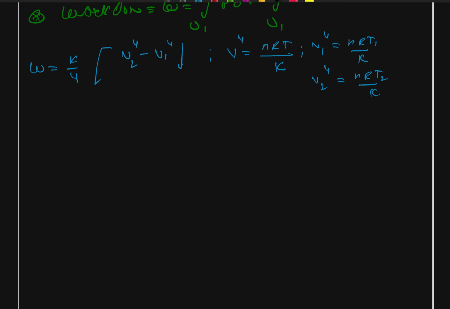So we substitute it, and we get our work done is equal to K upon 4, and nR upon K we can take as common, so this comes as nR upon K times T2 minus T1.